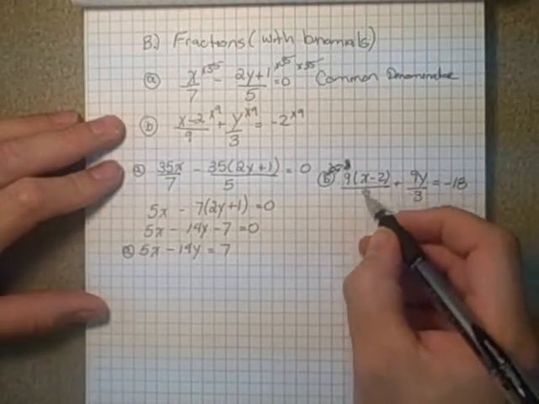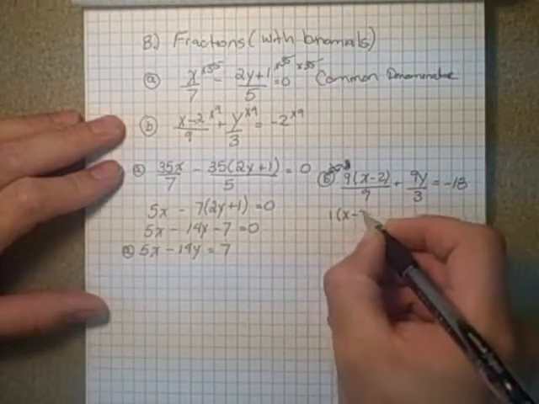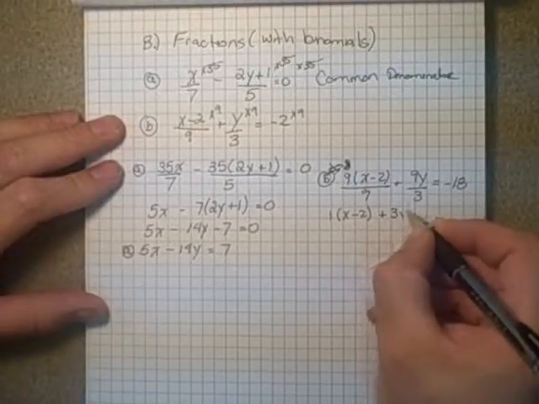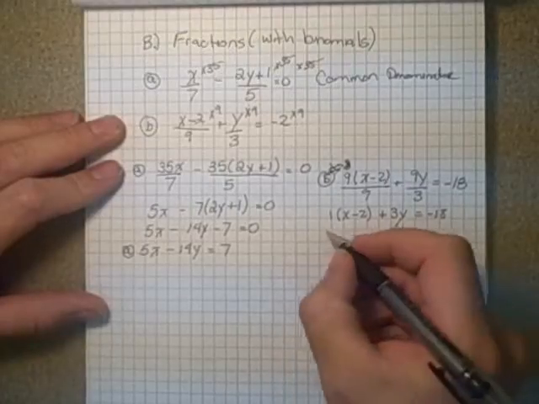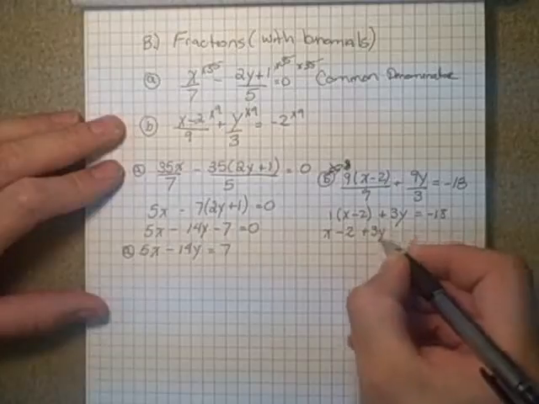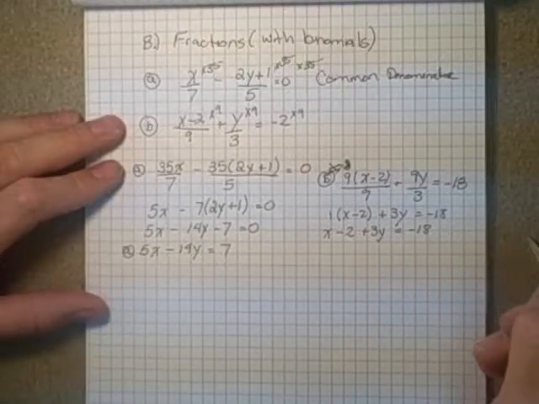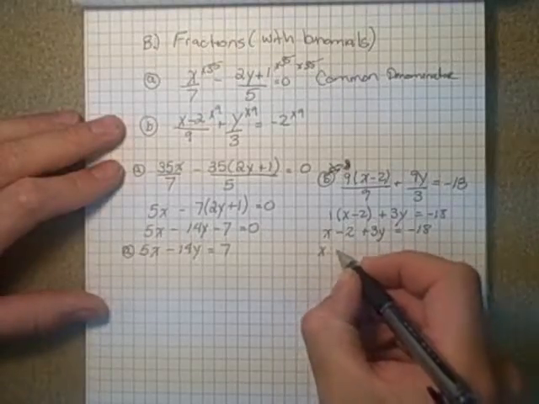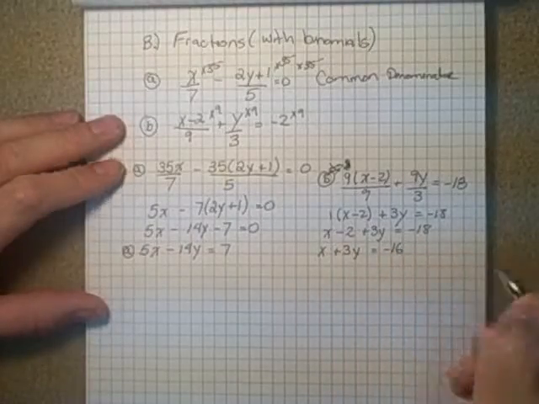Let's reduce here. This will just reduce to 1 times x minus 2, and this will reduce down to positive 3y is equal to negative 18. So x minus 2 plus 3y is equal to negative 18. Add 2 to both sides. x plus 3y is equal to negative 16.